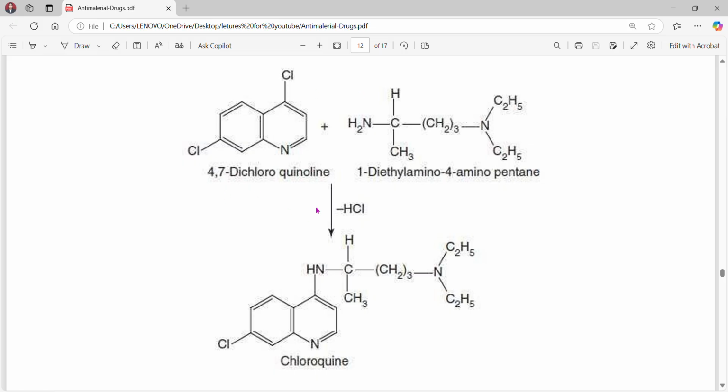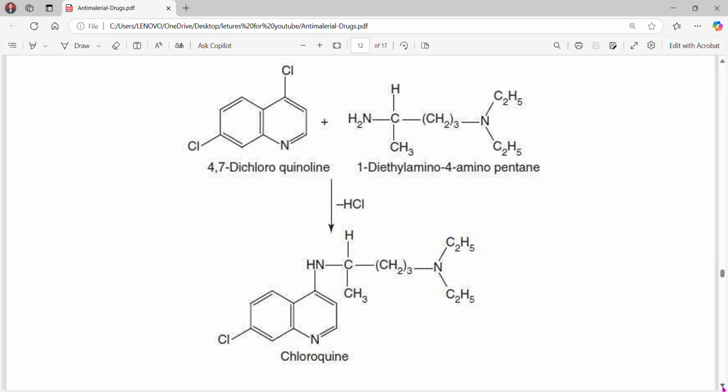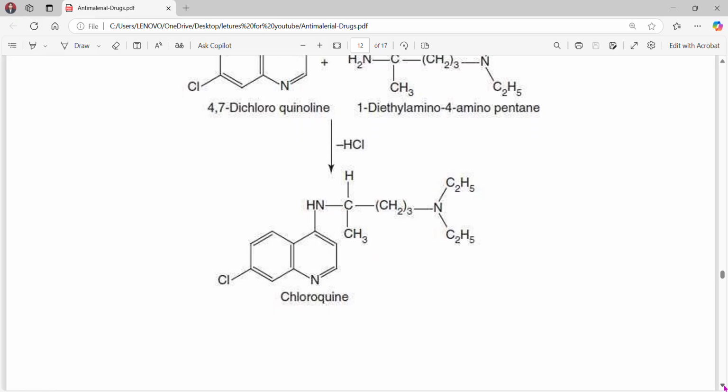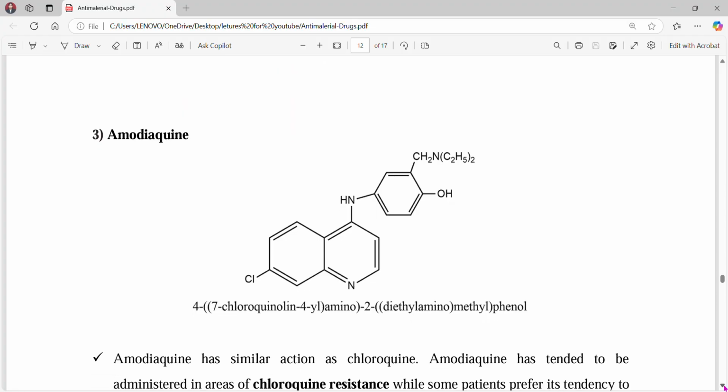So there is a conjugation reaction between the 4,7-dichloroquinoline nucleus and the diethylamino 4-amino pentane, and there is formation of the adduct. Hydrolytic bonds are cleaved with the help of hydrochloric acid, and the drug product is generated, that is chloroquine.